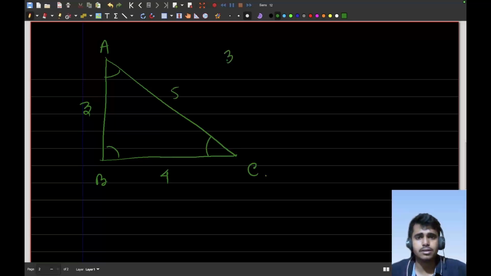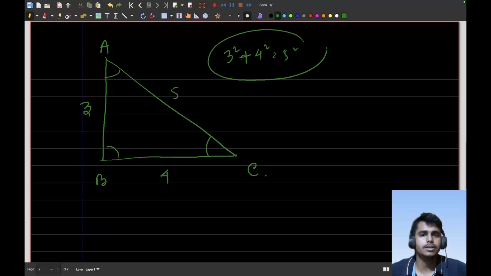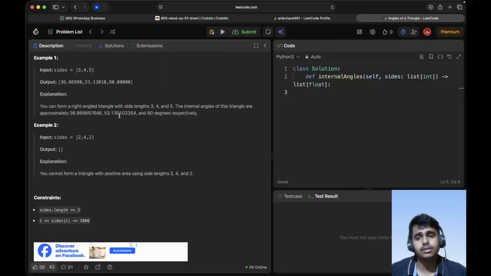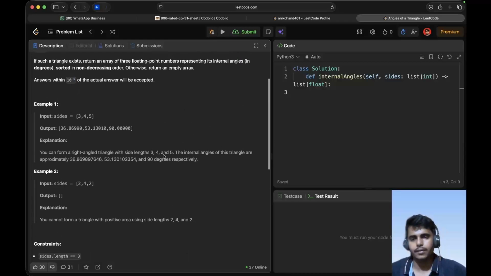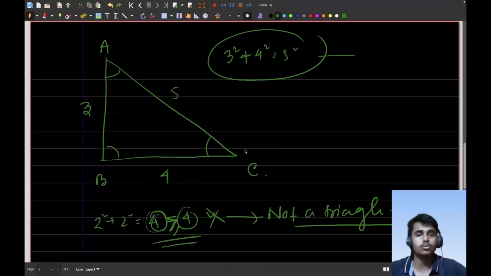Here you can see that 3 square plus 4 square is equal to 5 square, but this is not the case for all triangles. You can get also 2, 4, 2. This is not a triangle. I have to apply here the cosine rule.